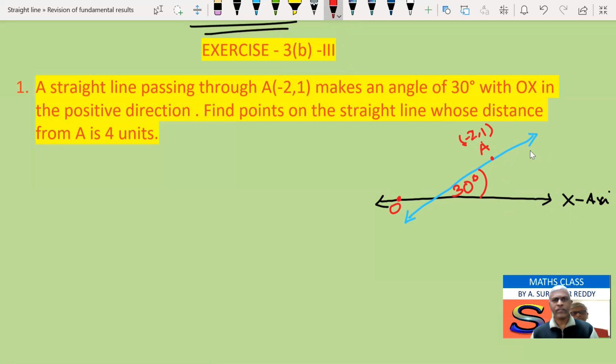Find the points on the straight line whose distance from A is 4 units. We have to find points on this straight line.